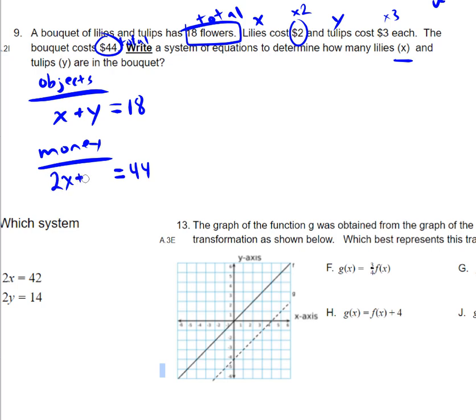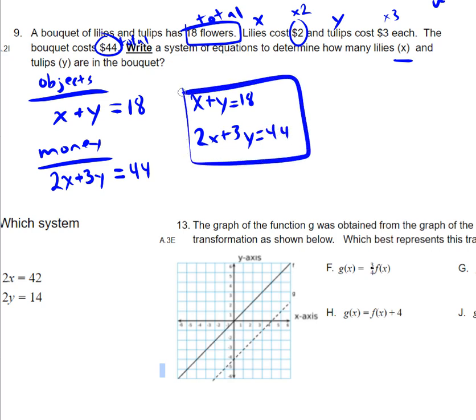And I have to add to that the cost of the tulips. The tulips are $3 each, so that's going to be plus 3 times Y. So 2X plus 3Y is equal to 44. So I now have X plus Y equals 18, and I have 2X plus 3Y is equal to 44. So on the test, this is what I would write in that cute little answer box, okay?